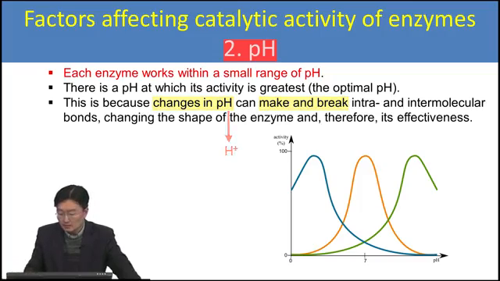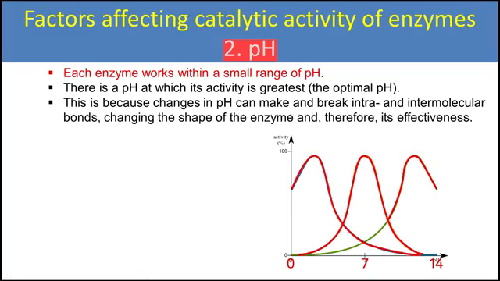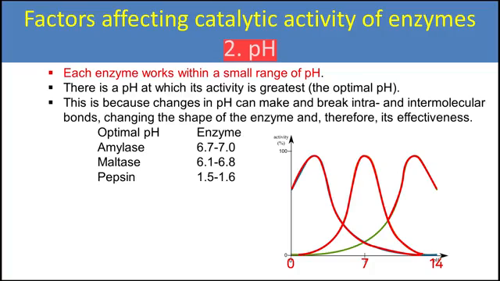Here we have pH 7, pH 0, and pH 14. Some enzymes are really active around pH 7. Some enzymes are really active under acidic condition or in basic condition. Some examples: amylase, which we studied in the previous session, can degrade carbohydrate into smaller pieces, and its optimal pH is around 7.